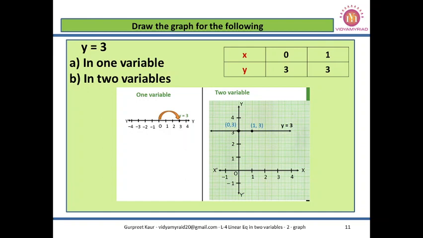You can choose any number. There are infinitely many solutions in two variables. So if you see, y = 3 is a line parallel to your x-axis. But if I want to plot it the other way, if it says x = 3, then it will be a line parallel to the y-axis.